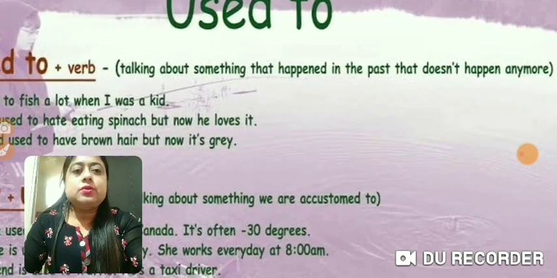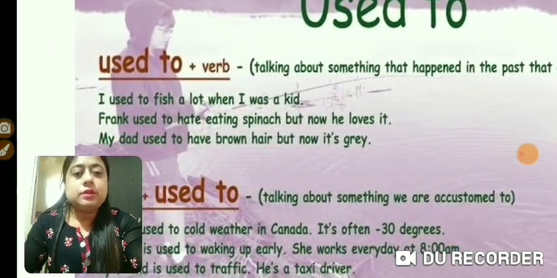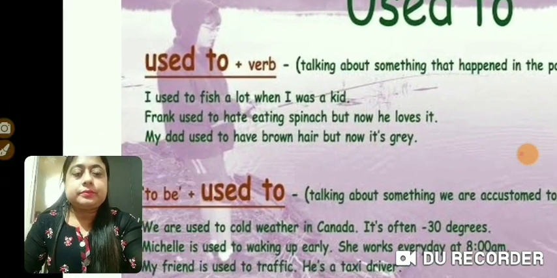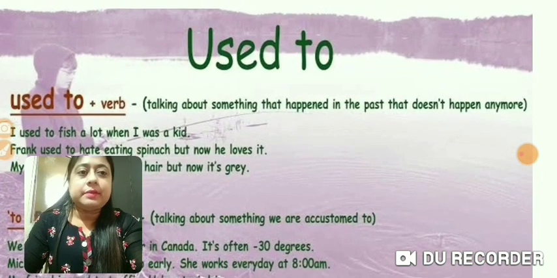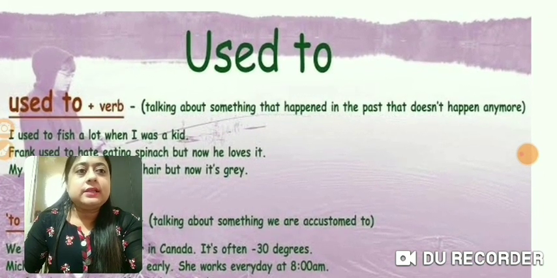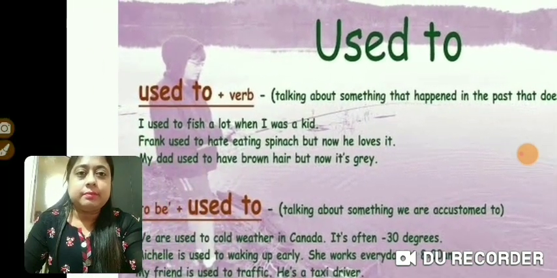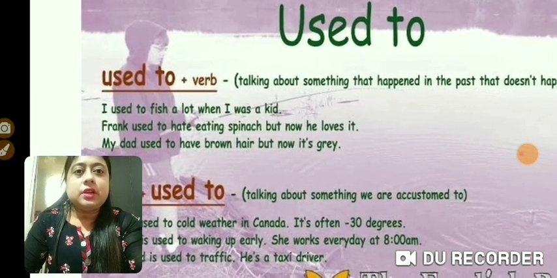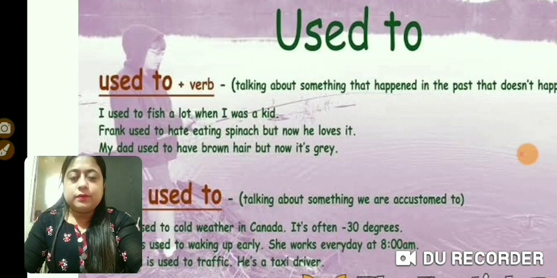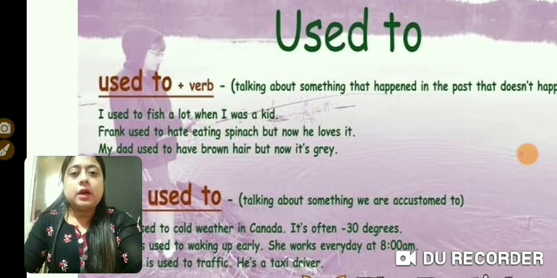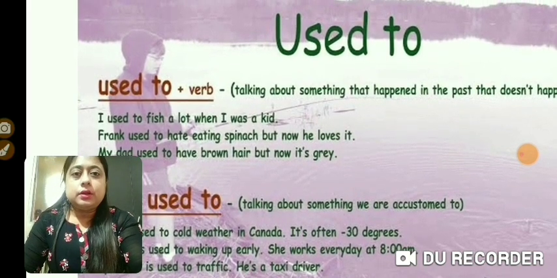Now let us see the used to form. That is also the past form only when it is used when we talk about something that happened in the past and doesn't happen anymore. For example, I used to fish a lot when I was a kid. But now I don't do it because I am grown up.